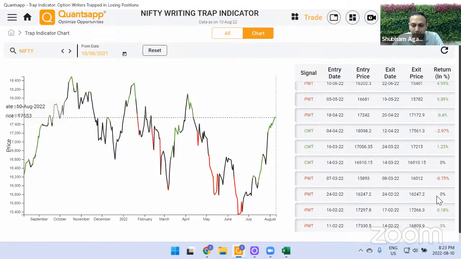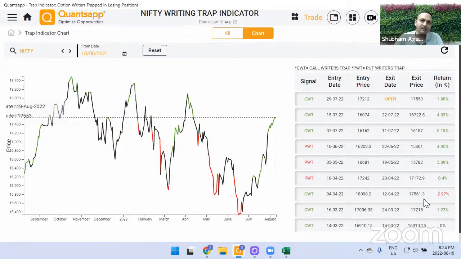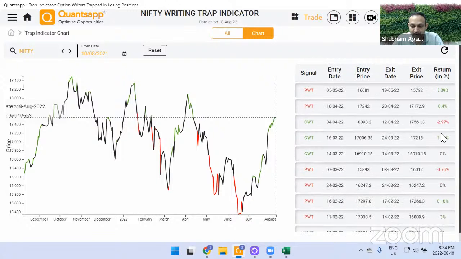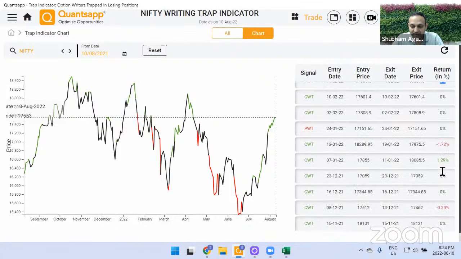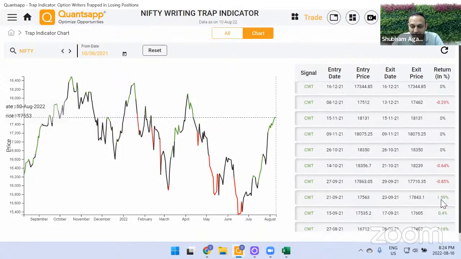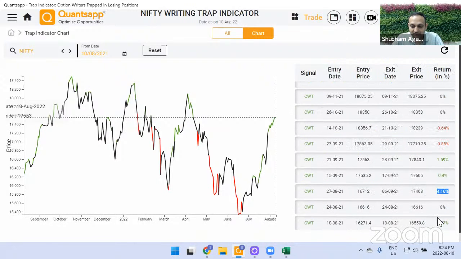So you don't see a lot of losses, and even if there is a loss happening, if I just take a median of all of that, I can conclude that the losses were restricted to about 1.5% on an average. Whereas on the profit side, this trade is still open, but the previous trades 4%, 5%, 5%, 1%, 3%, right? 1.2%, then again 1.5, 4%, 2%.